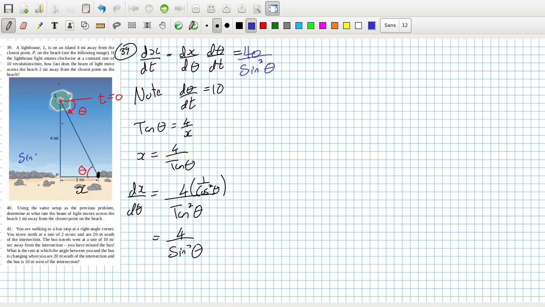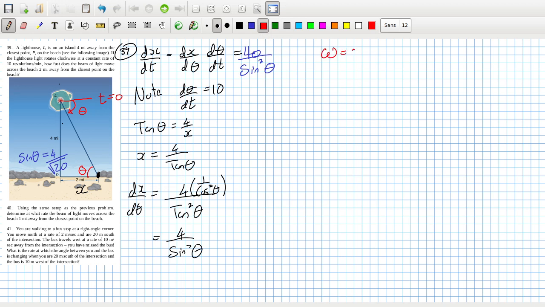And sine theta in this picture will be 4 over root 20. Oh no, it's not 10. I have to correct myself. My mistake here. 10 revolutions per minute. I need to use a little bit of physics knowledge here.